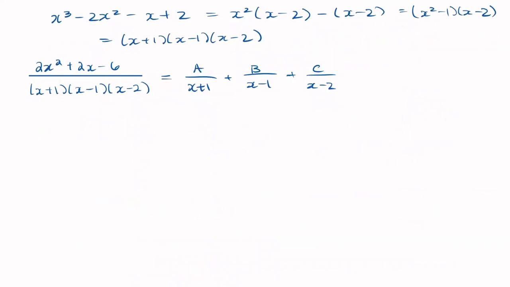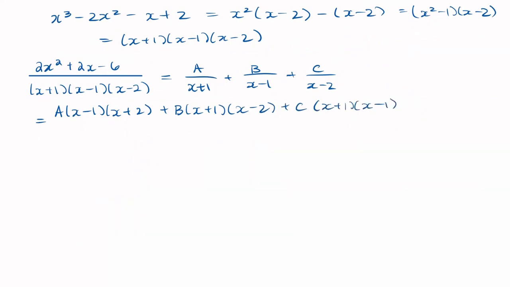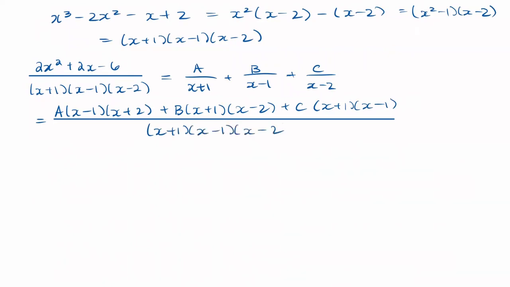Okay, so over here now, if we find a common denominator, which is just the product of these 3, that means we would have a times x minus 1, x minus 2, plus b times x plus 1 times x minus 2, plus c times x plus 1, x minus 1. All this is divided by x plus 1, x minus 1, x minus 2.